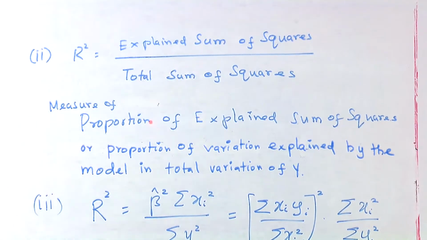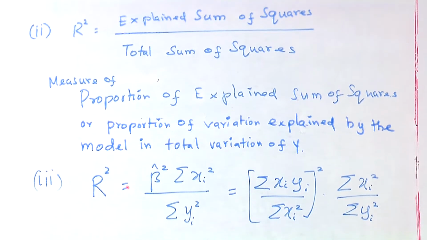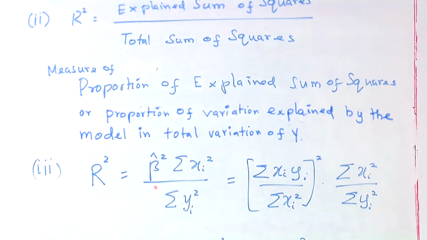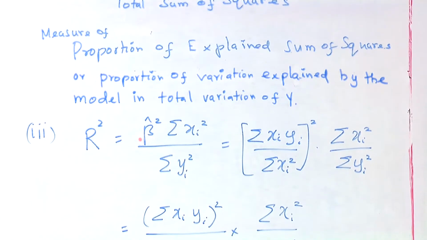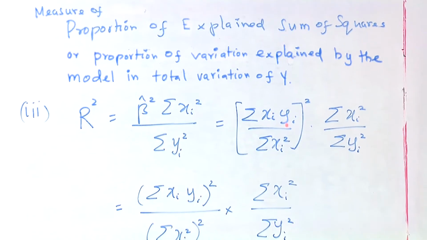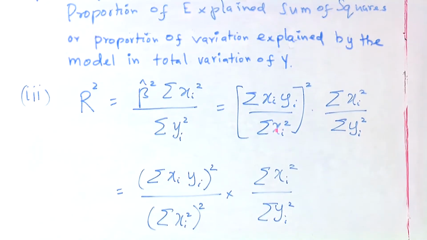There is another interpretation to R square. R square, we know, is the explained sum of squares divided by the total sum of squares. That is otherwise beta hat square sigma xi square divided by sigma yi square. So we may substitute beta hat, that is sigma xi yi divided by sigma xi square.